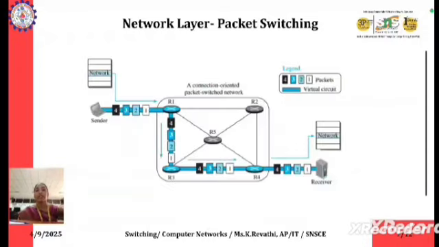Let's see an example for understanding the concept of virtual circuit. Here the whole message is divided into packets 1, 2, 3 and 4. Routers 1, 3 and 4 are chosen for the transmission.